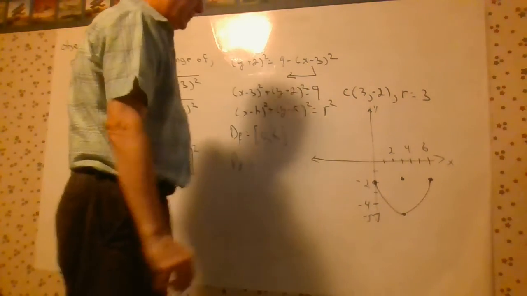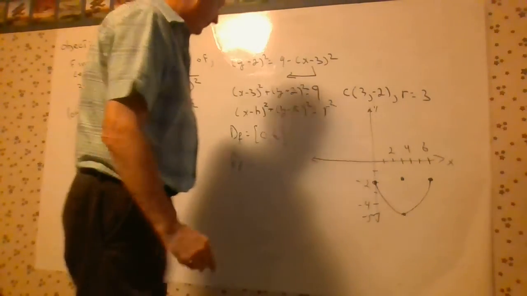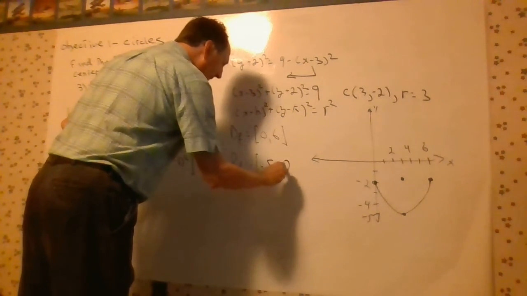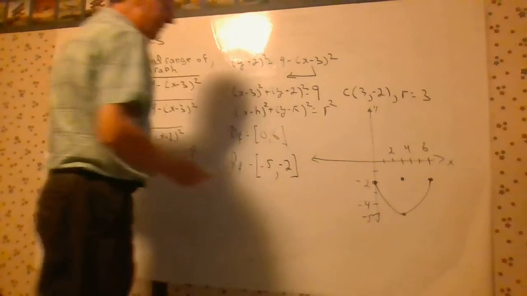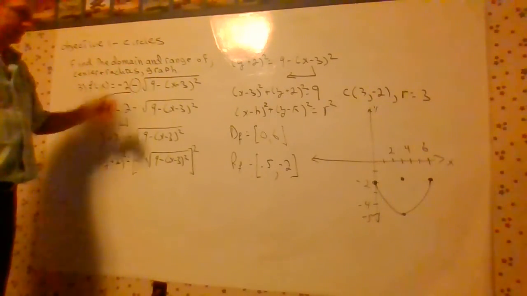And the range, the lowest point is negative 5, and the highest point is negative 2. And so we go from negative 5 to negative 2. Okay, all that just understanding the nature of this function.